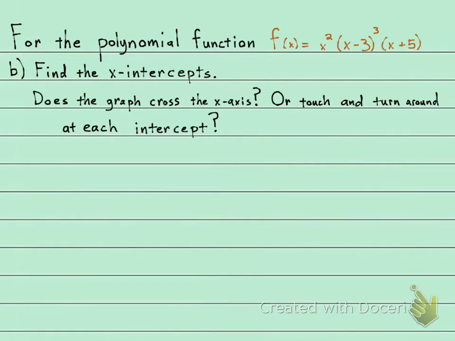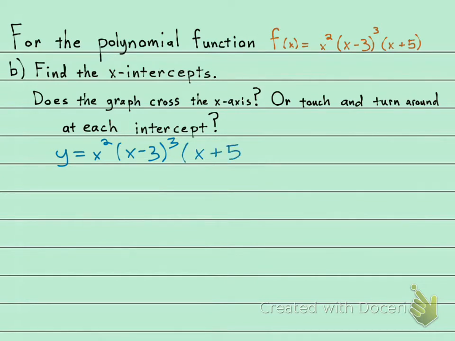Now, here is my polynomial function up there. And remember, to find an x-intercept, we have to plug in 0 for y. How do you find an x-intercept? Plug in a 0 for the y. So if I rewrote this polynomial function, y equals x squared times x minus 3 to the third times x plus 5.